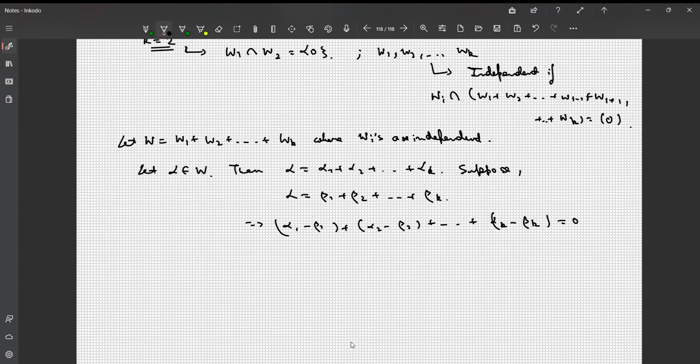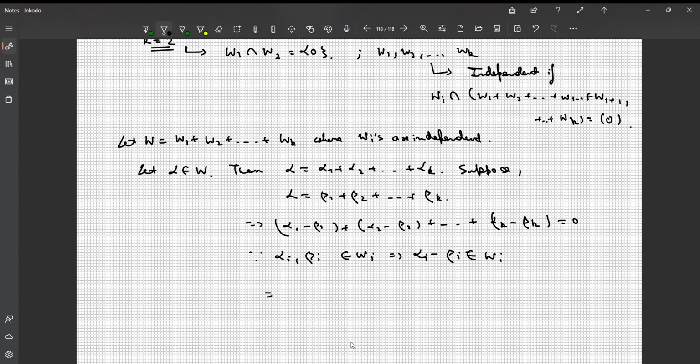Now obviously since alpha i and beta i both are elements from Wi, alpha i minus beta i also belongs to Wi.